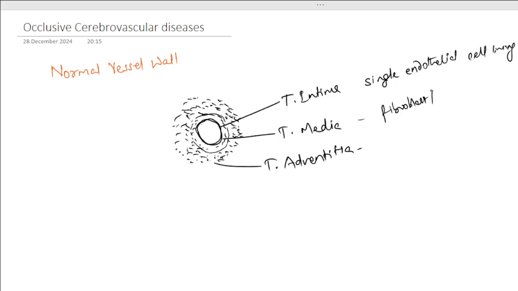And what is that? Smooth muscle with collagen support. What about adventitia? Mainly thick collagen fibers.